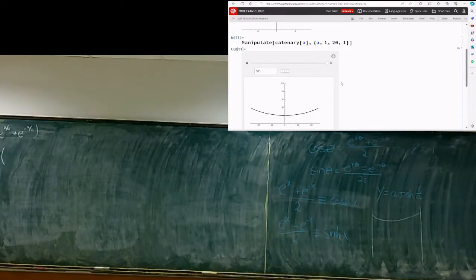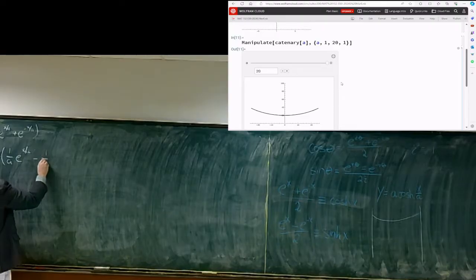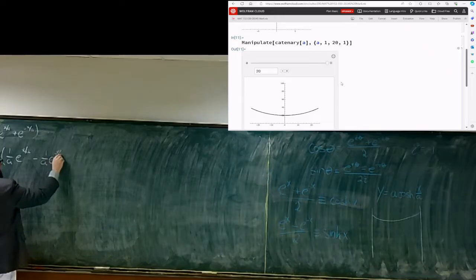Derivative of x over a is 1 over a. What about e to the minus x over a? And then 1 over a, e to negative x over a.